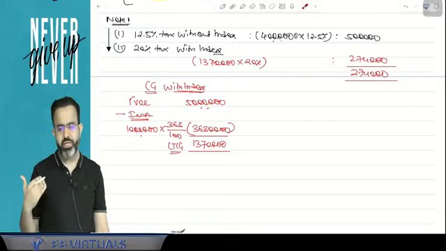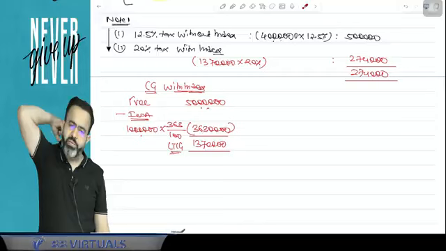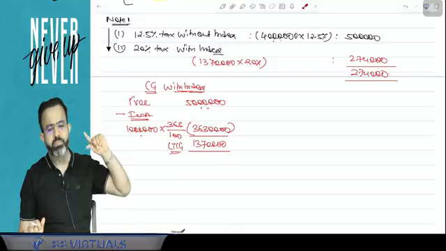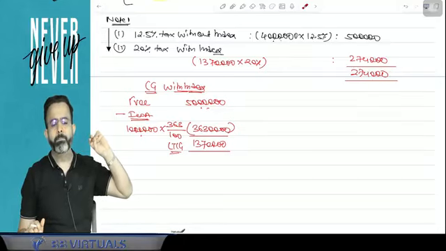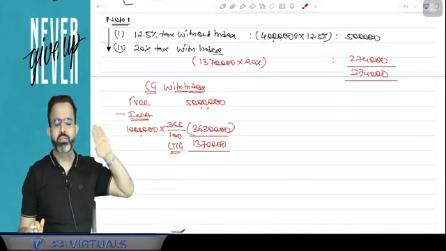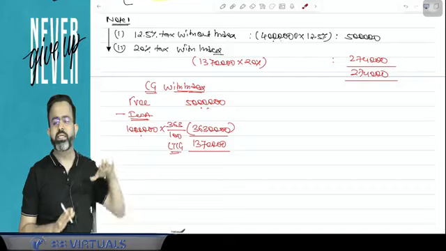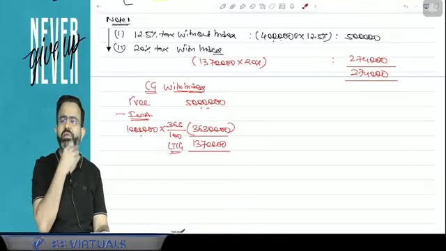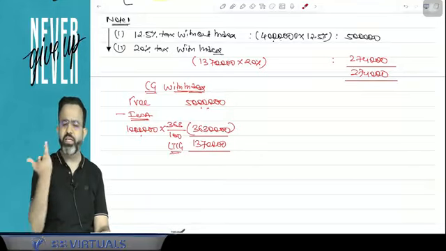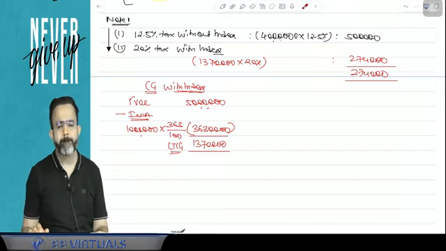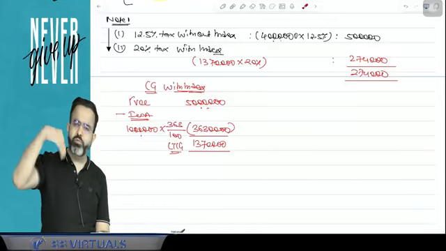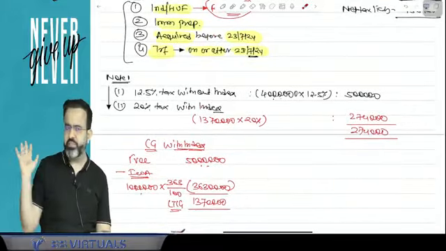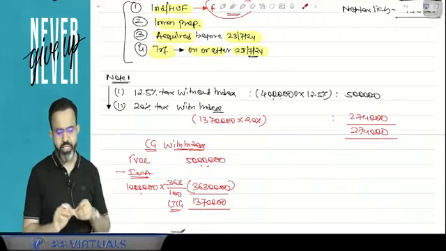Before this amendment, the tax rate was 20%, but with indexation, only for capital gain purposes. If the asset is acquired on or after 23rd of July 2024, then indexation is not applicable anyway. So if you transfer after 2, 3, 4 years, your tax rate will be 12.5% without indexation. Okay, done.